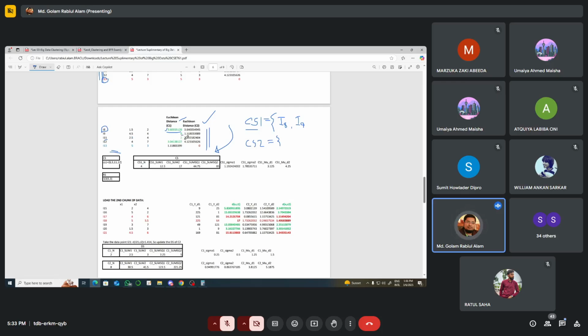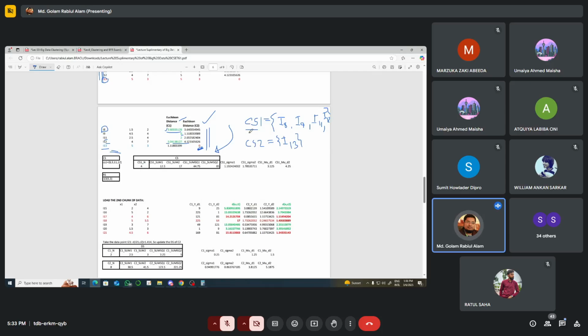I11 is 2 and 2, so I11 also goes here. For I12, comparing these two, this one is minimum, so I12 also goes here. And I13? This one, C2, is minimum, so I place I13 in compressed set 2.